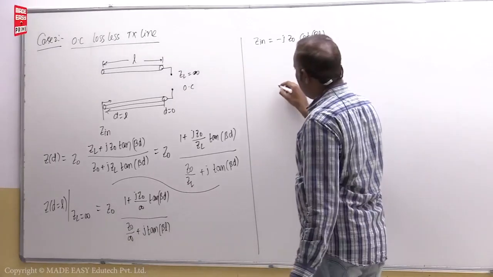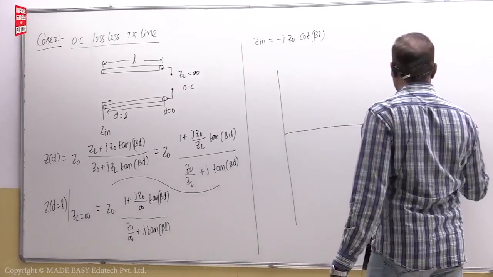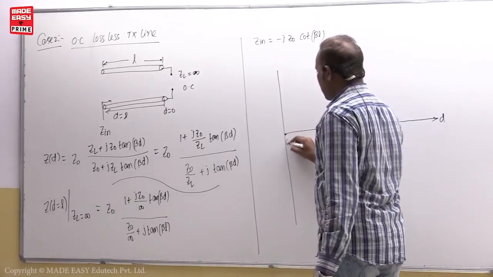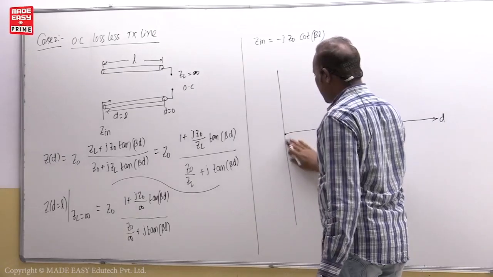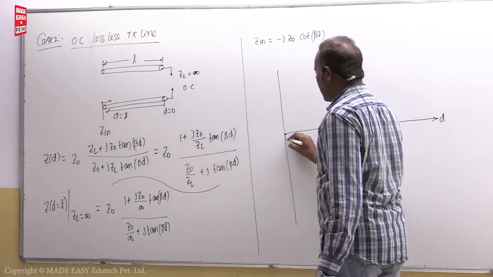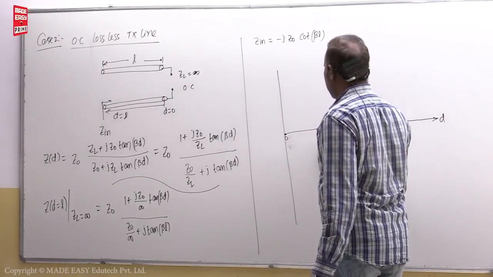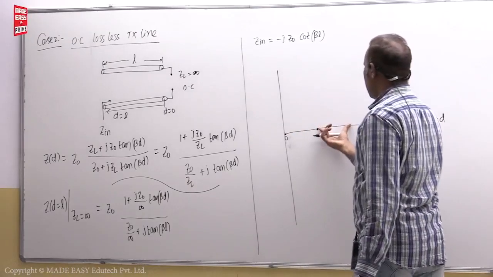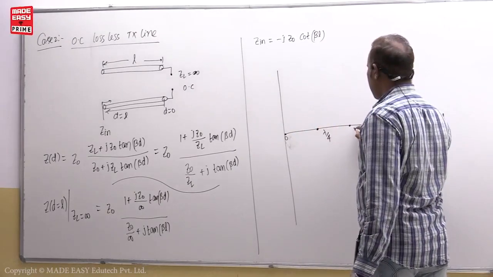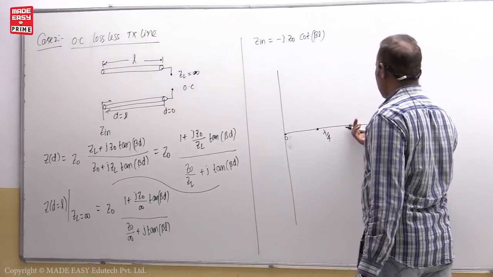So if I draw the diagram of this, d is equal to 0 here, and no need to put d there. So it is 0 here. Then it is let us say lambda by 4. Then it is lambda by 2.